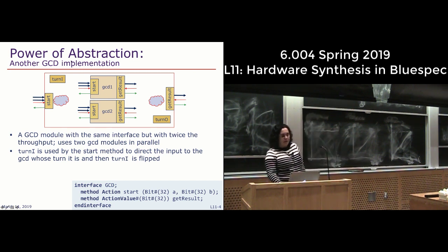Together with that information, every time we get a new request to compute GCD, the first time we can send it to GCD1, and if we get another one, even while GCD1 is still computing, we can now send it to GCD2, and both of those calculations can be executed in parallel, and so I'm able to compute results of GCD twice as fast as before.